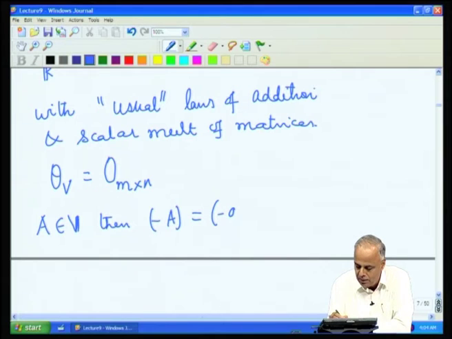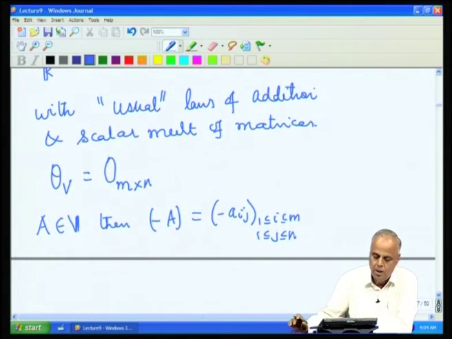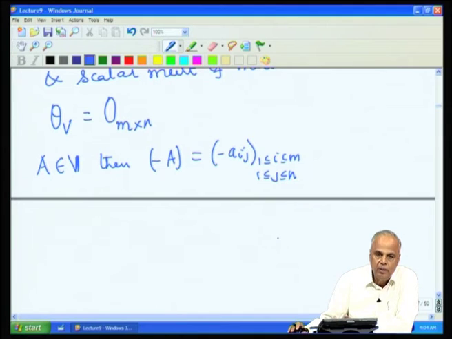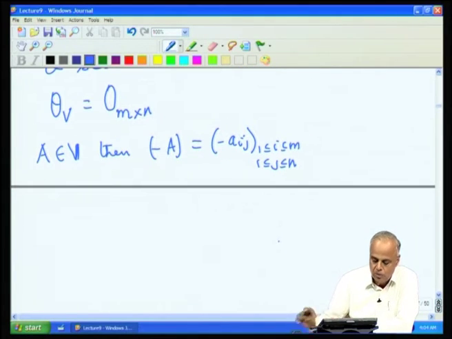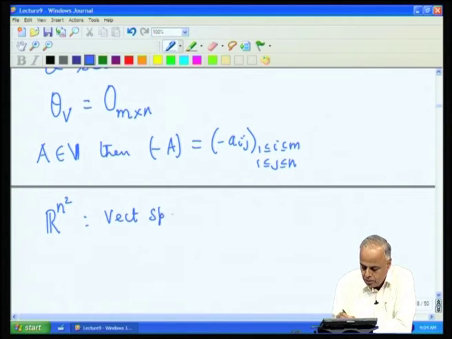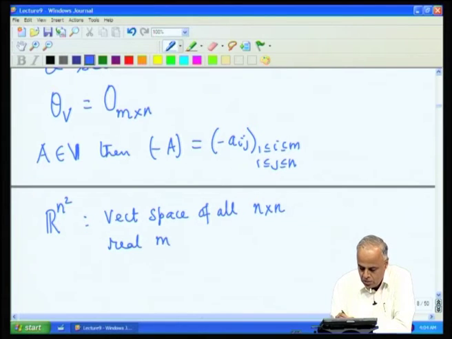So, it is minus a_ij, 1 less than or equal to i less than or equal to m, 1 less than or equal to j less than or equal to n. So, we have the vector space of all m by n real matrices. In particular, if we take m equal to n, we get the vector space of all square matrices. So, R^(n squared) is the vector space of all n by n real matrices over the field R.